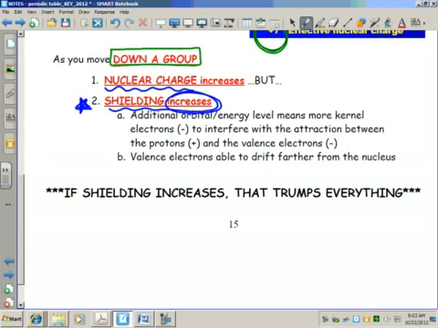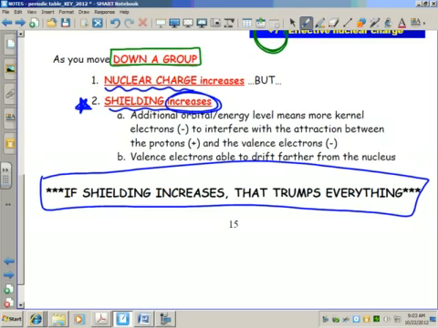And that screening plays such a significant role in determining the pull on the valence electrons that the protons are allowed to exert, that we say it trumps everything, to use a Euchre term.